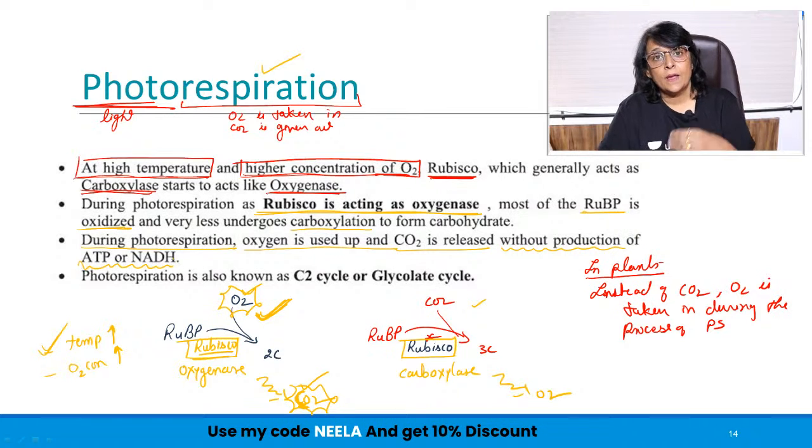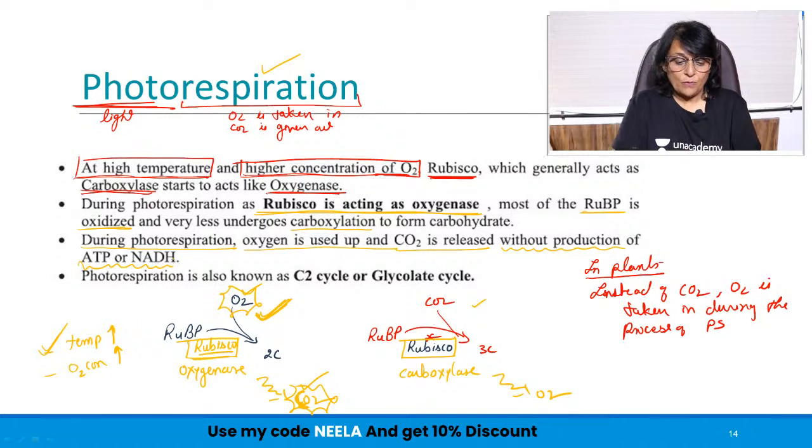Number one, carbon which has already been fixed by photosynthesis is given out, so there is breakdown of some carbon compound from where this carbon is released. Second, ATP is not synthesized. Third, reducing power is also not synthesized. So if photorespiration takes place, no ATP and no reducing power is available for the dark reaction to take place. So how do you think carbohydrate synthesis would take place?